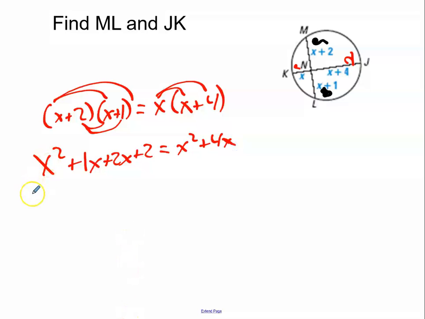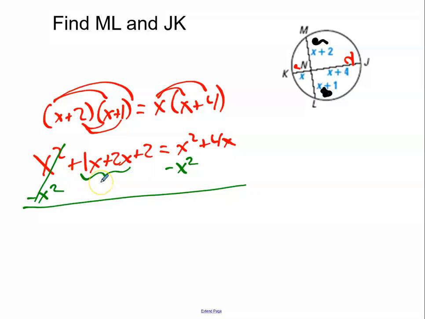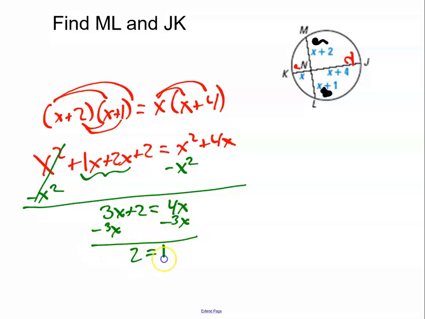First thing we can do is subtract x squared from both sides, and that's going to just cancel out. You can also combine those terms together to give you 3x plus 2 equals 4x. Then subtract the 3x. Gives you 1x, so x equals 2. So now we can go back over to our picture.